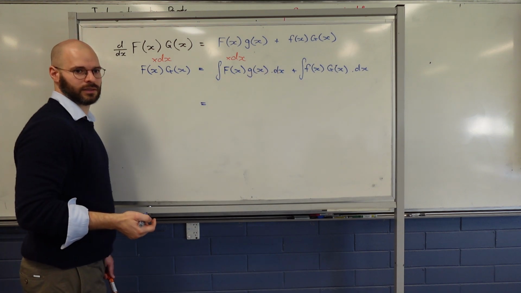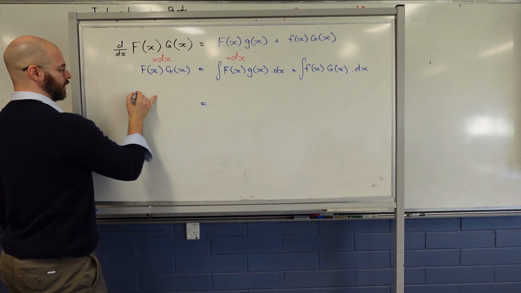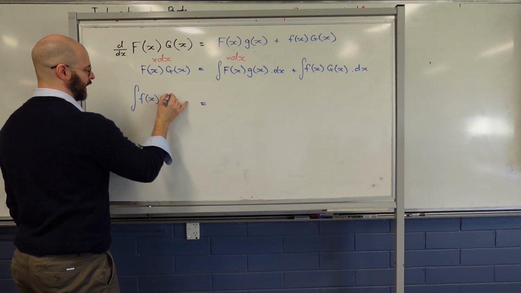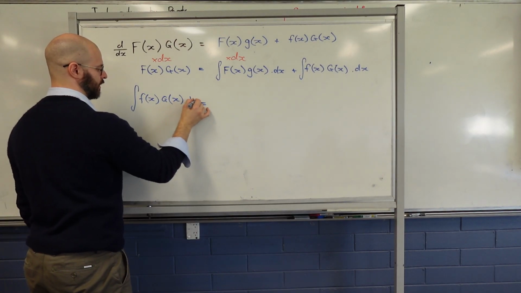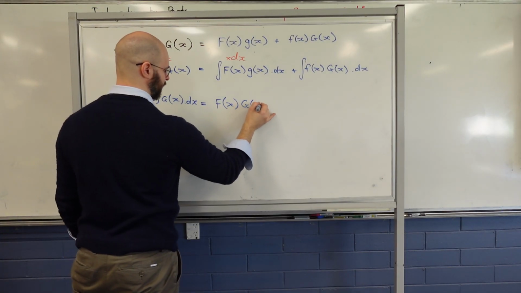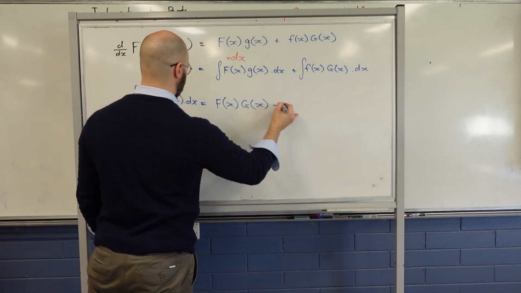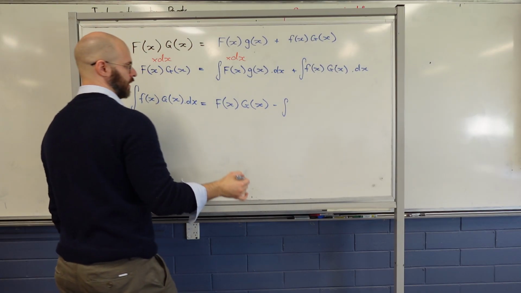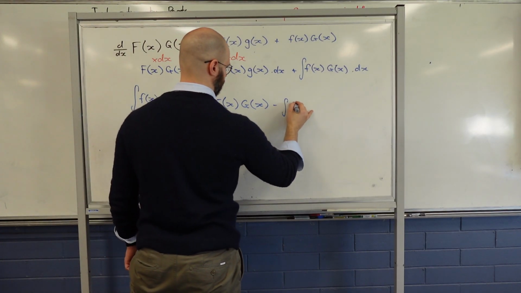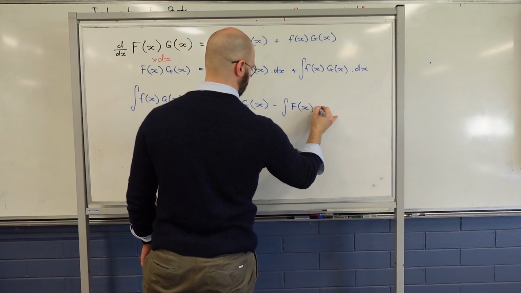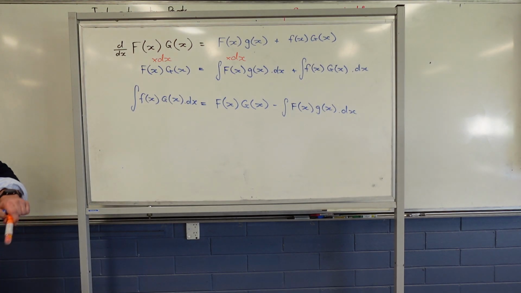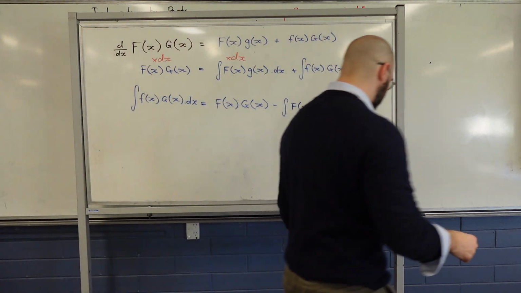So we're going to go the integral of little f, g of x, dx is equal to big F, big G, take away the integral of big F, little g. Boom. What we call this is integration by parts.